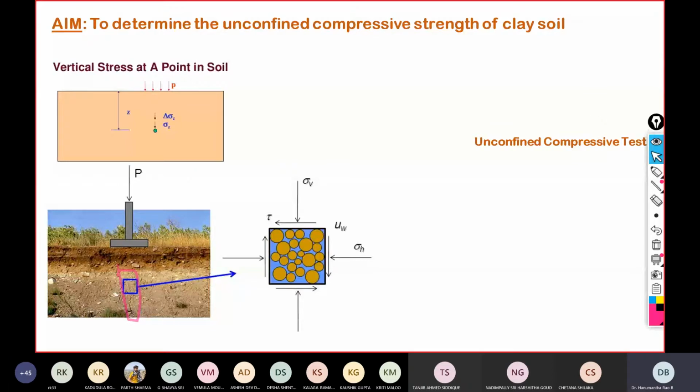If the sample is in a dry state, the vertical stresses, horizontal stresses, and shear stresses will act on the soil sample. If the sample is fully saturated or partially saturated, in addition to these stresses, even pore water pressure also acts on the soil sample. That is represented with u_w.